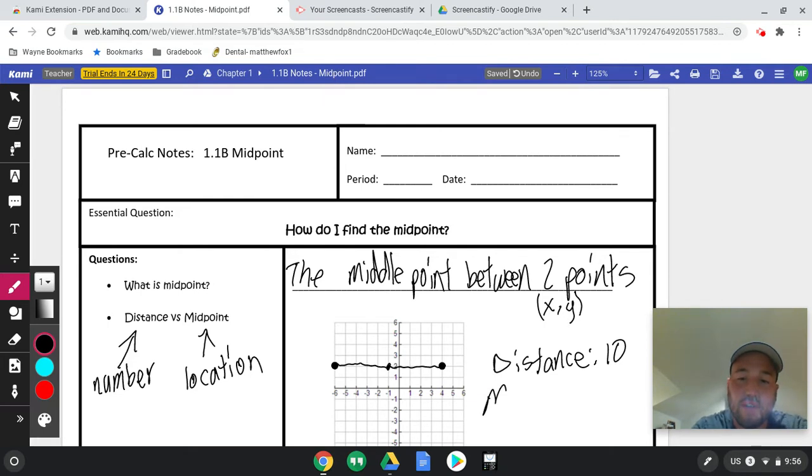Your midpoint, rather, is a specific spot. Where will it be 5 from either end? That's right here. It's got a measurement of 5 on each side, so that's the midpoint. In our case, the xy coordinate will be -1 over, up 2. We'll say that as an ordered pair, -1, 2. And that is our midpoint on that first example.